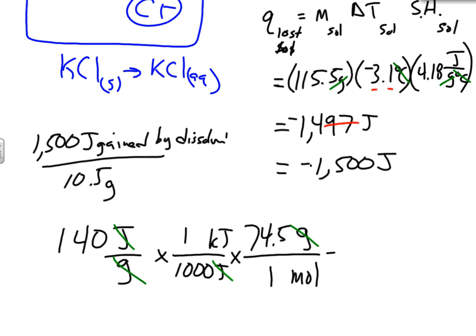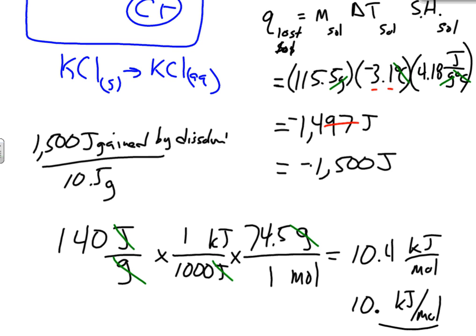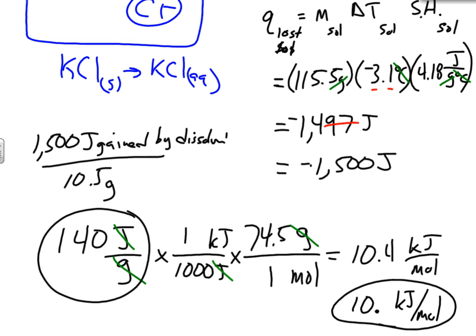So if I do my math, I get 10.4 kilojoules per mole. Significant figures, I should probably only have 2. So I can do 10 with a point, kilojoules per mole, or I can do 1 times 10 kilojoules per mole. So there are my 2 values for the energy per gram.